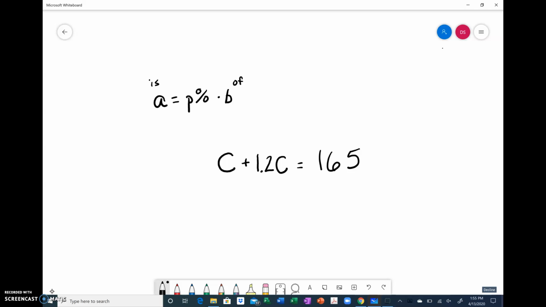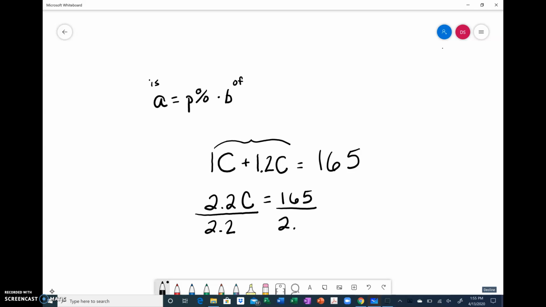Okay, so first, going back to a previous chapter, I need to combine like terms. We know that this is a 1C, so I'm actually going to have 2.2C equals 165, okay? Now I divide both sides by 2.2, which is my coefficient.